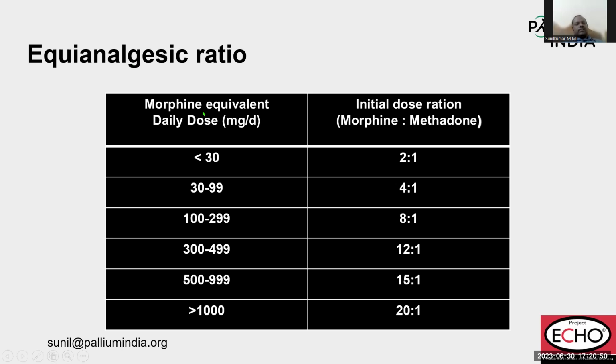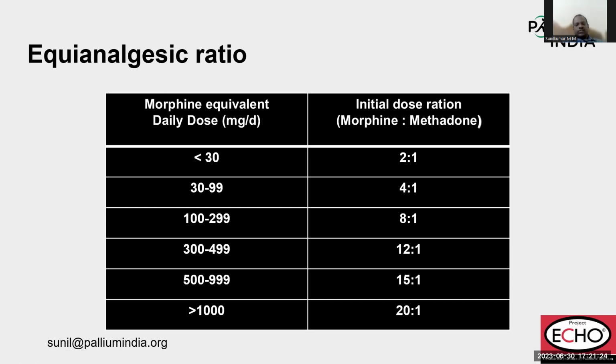You can see if the patient is taking less than 30 milligram per day of morphine, the conversion ratio is 2:1. That is 30 divided by 2, that is 15 milligram of methadone. If the patient is taking 30 to 99 milligram of morphine, the conversion ratio is 4:1. So if somebody is taking 50 milligram of morphine, divided by 4, it's 12.5. And you can see for more than 1000 milligram, it's 20:1.